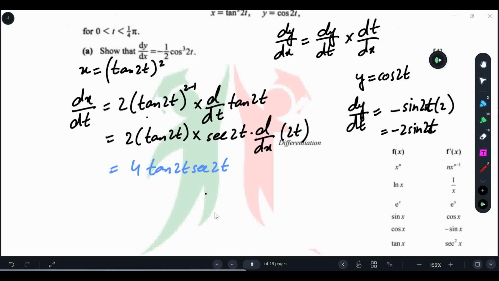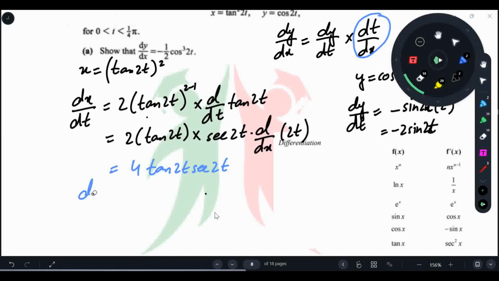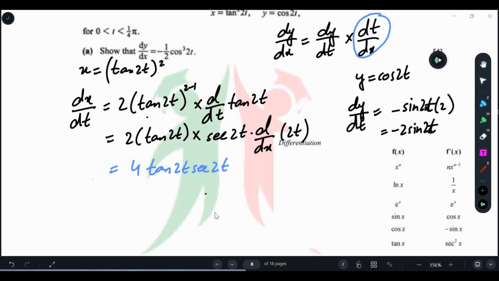Now we need dt by dx, so we will take the reciprocal of it. By the way, from here we just need to do one more step so that this will be in the simplest form. We know that secant is the reciprocal of cos. So tan 2t multiplied by 1 by cos of 2t.